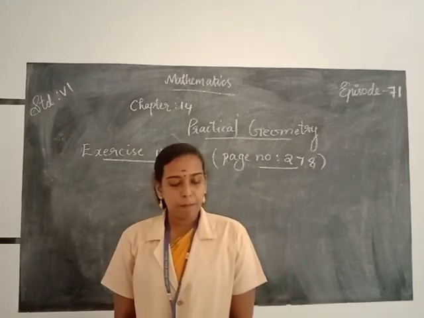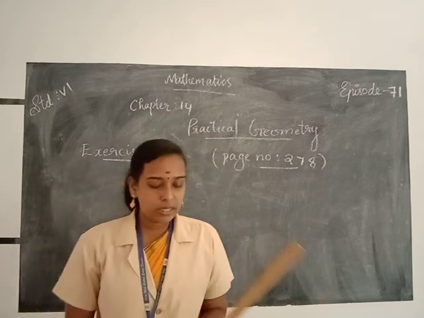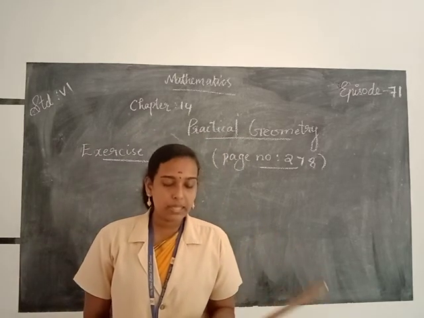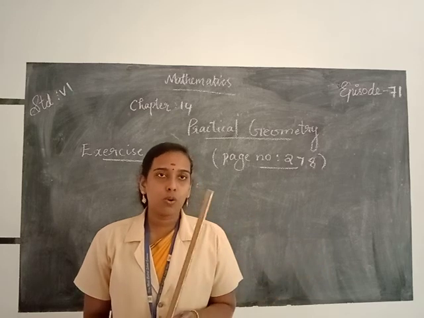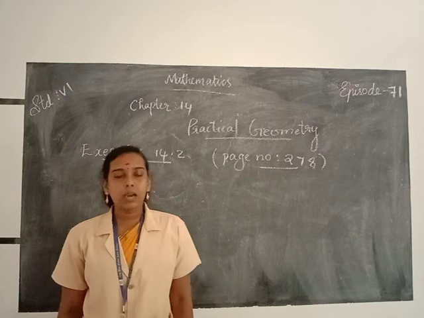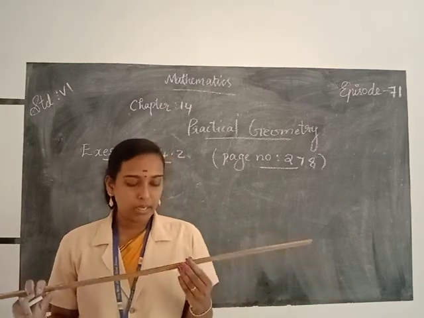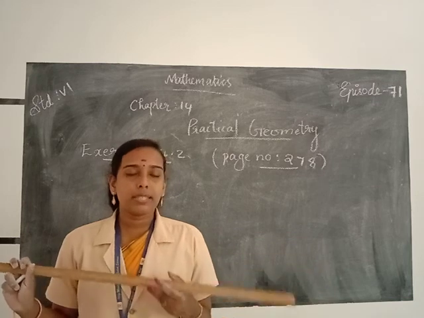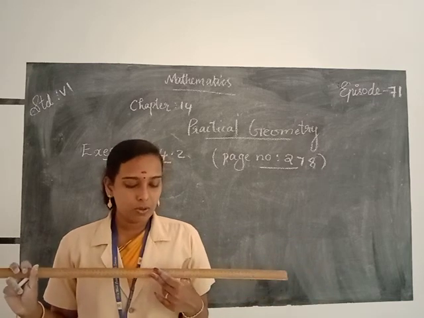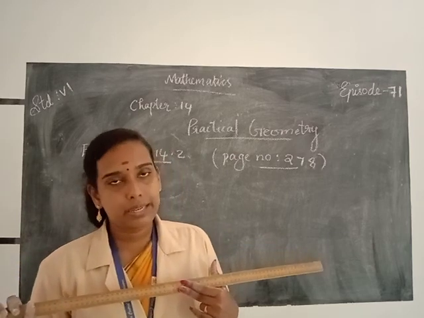So first you mark a point A in your notebook, then place the 0 mark of the ruler at the point A, then at 7.3 centimeter on the ruler mark a point B on the sheet, then you get the line segment AB that is equal to 7.3 centimeter.